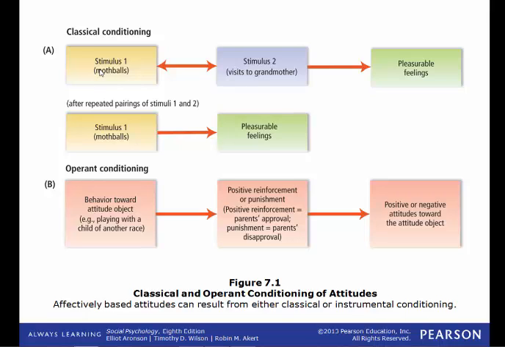I've had students tell me mothballs smell terrible when I use this example before, but I don't think I've ever smelled a mothball, so anyway, I hear they smell terrible. But maybe your grandmother's house smells like mothballs. So you learn the association between going to see your grandmother and the smell of mothballs. After enough time passes, the smell of mothballs alone will be enough to give you a pleasurable feeling.